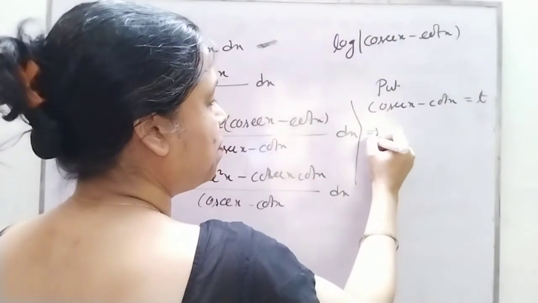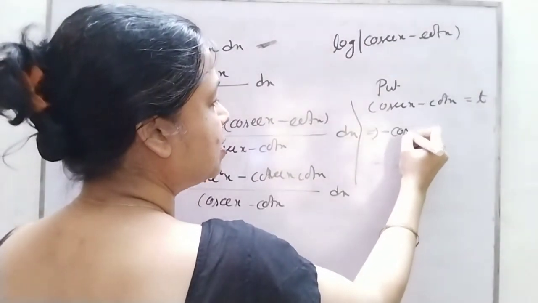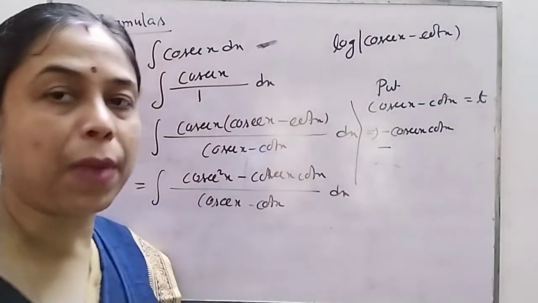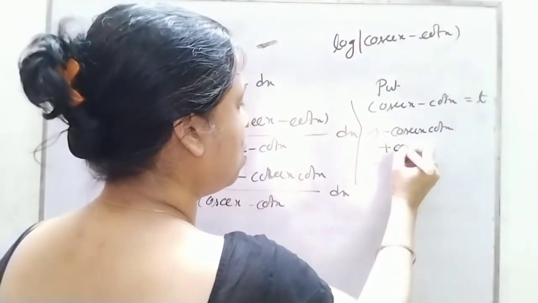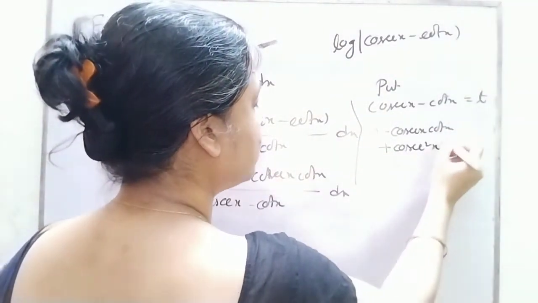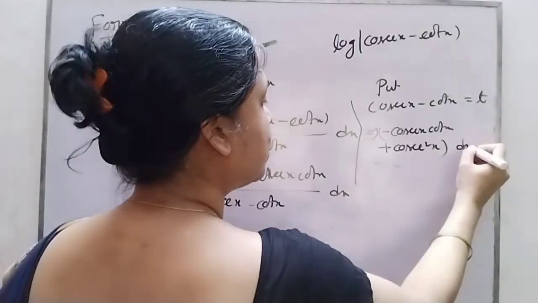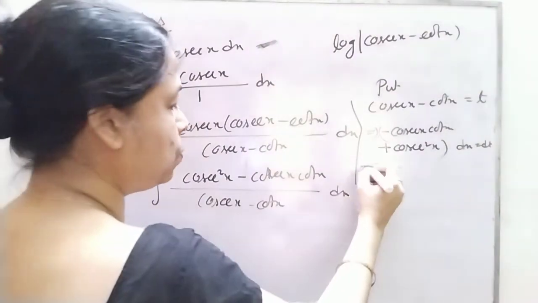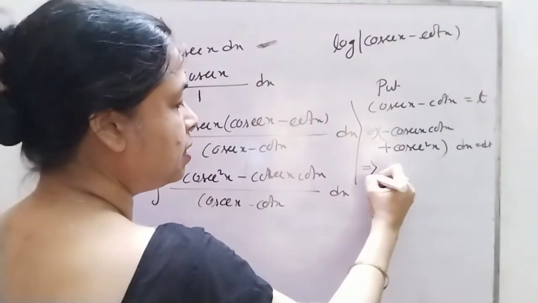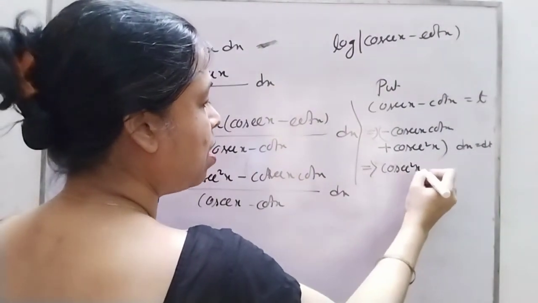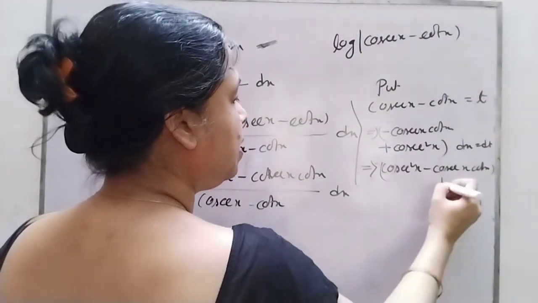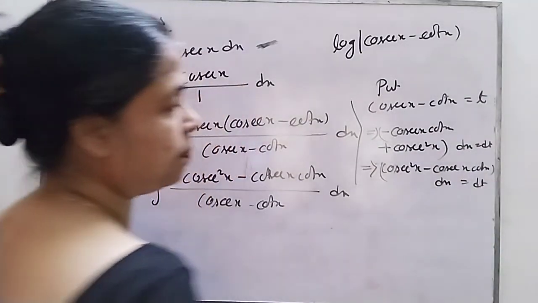Take the derivative. The derivative of cosec x is minus cosec x cot x. The derivative of cot x is minus cosec square x. So this gives plus cosec square x, whole into dx equal to dt. I can write now, this first expression, cosec square x minus cosec x cot x dx, equal to dt.